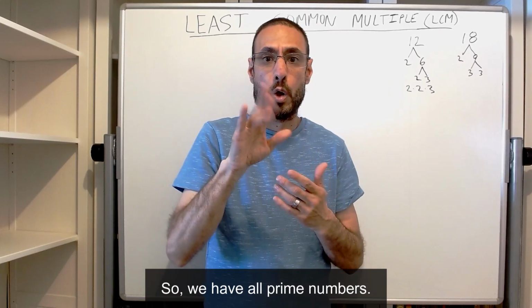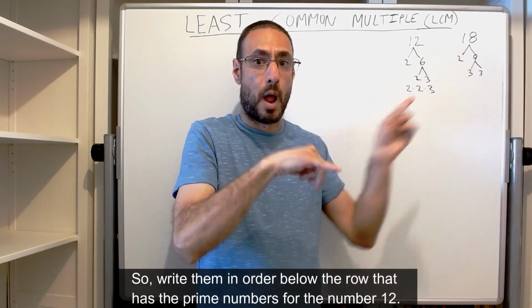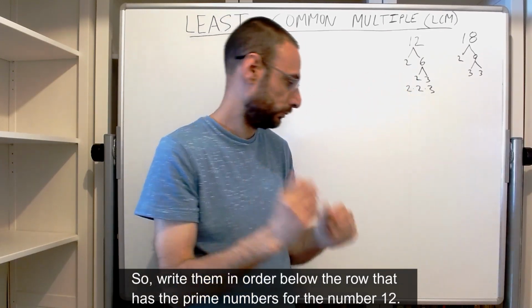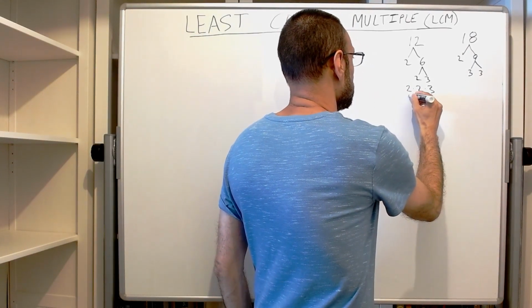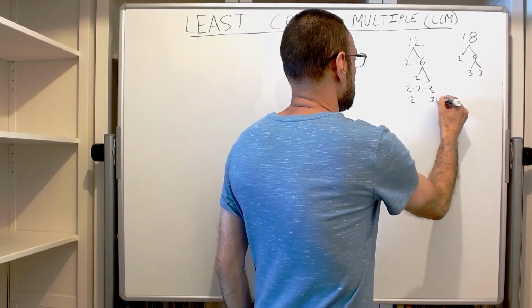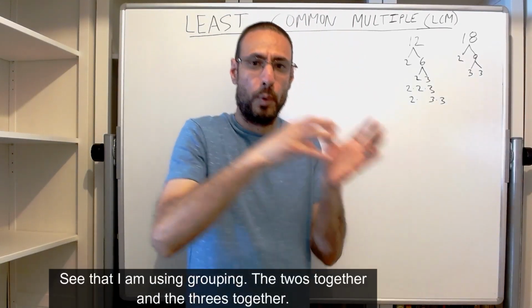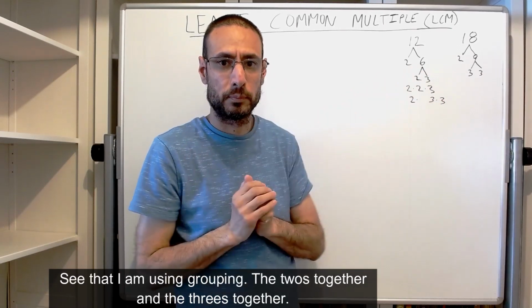So, we have all prime numbers. Write them in order below the row that has the prime numbers for the number 12. See that I am using grouping: the 2's together and the 3's together.